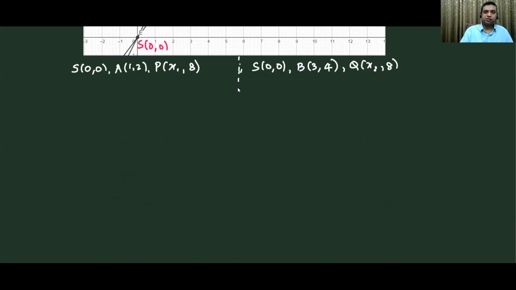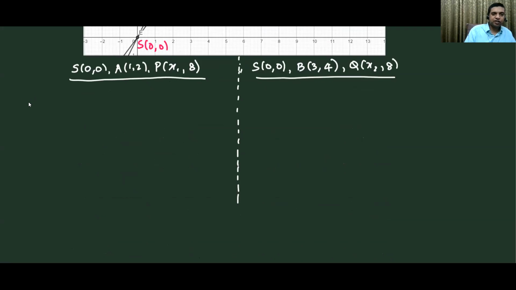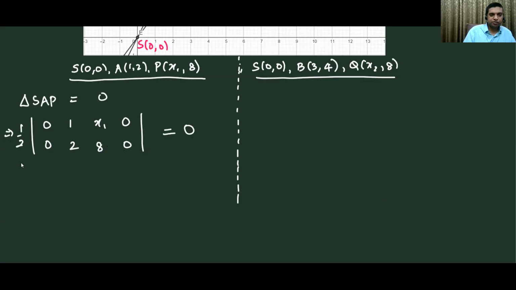Both are collinear points. These three are collinear, these three are collinear. So because they are collinear, area of SAP is equal to 0, which implies half of modulus of the determinant with rows 0 0 1, 1 2 1, x1 8 1, and again 0 0. The area is equal to 0. Now you do the usual cross multiplication and addition.